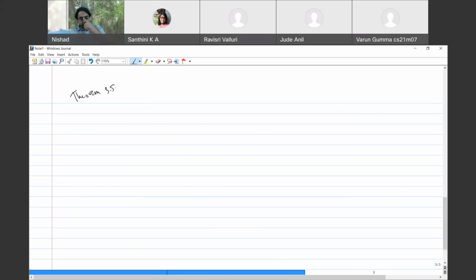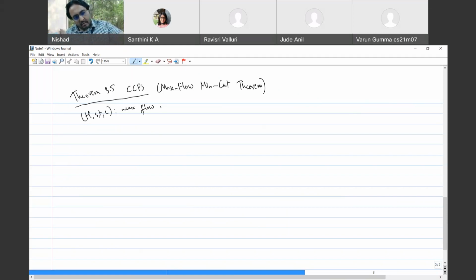Theorem 3.5, which we will prove tomorrow, is the MaxFlowMinCut theorem, which says that if H, S, T, C is any max flow instance and if X is any ST flow and delta plus of U is any ST dicut, then, sorry, my bad, I'm writing the previous one.